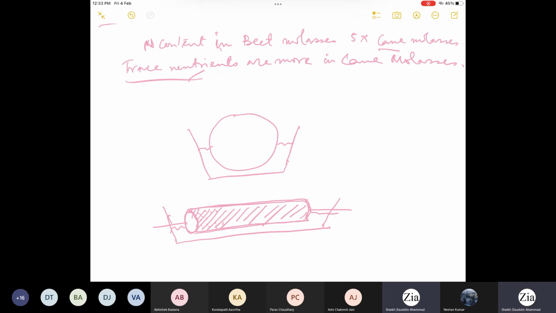So the entire cylinder will be wrapped with a porous membrane, and both sides will be closed, and here you will have a suction line to maintain vacuum inside. So you'll have two chambers, and in the second chamber you will have a vacuum pump connected. The vacuum pump will create vacuum in the first chamber, subsequently the second chamber, and then the same vacuum condition will be maintained in this entire drum.